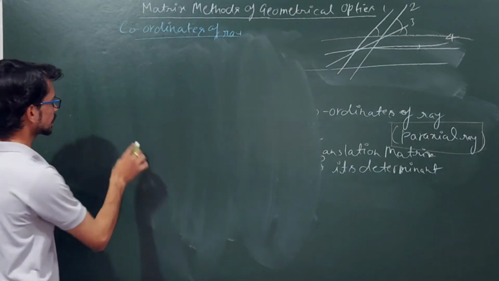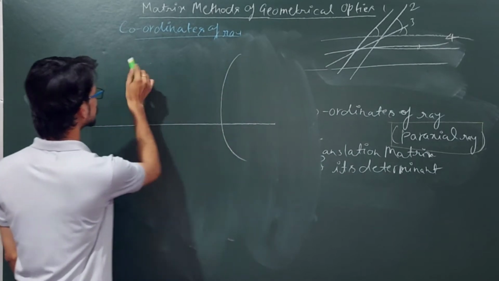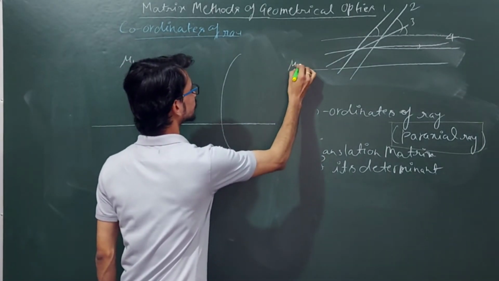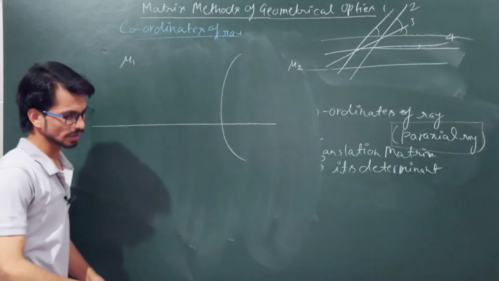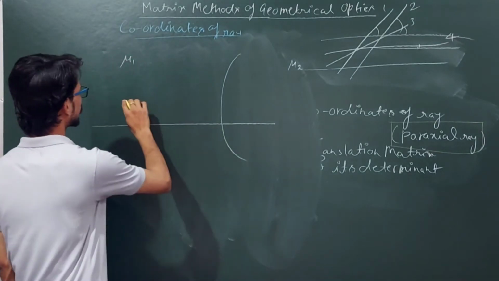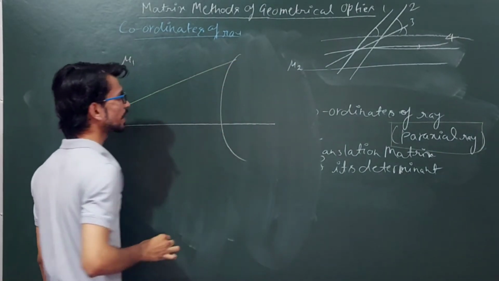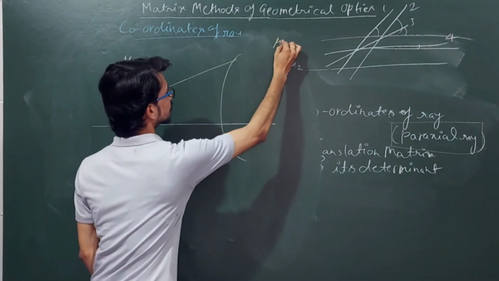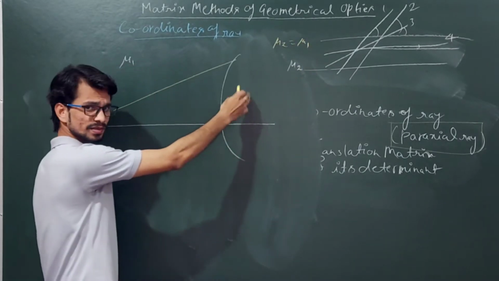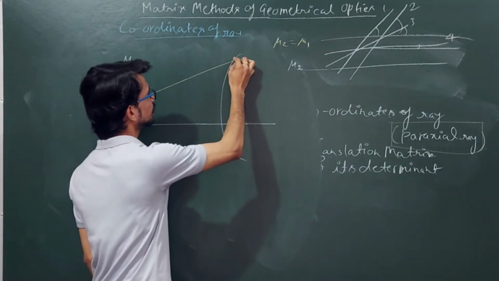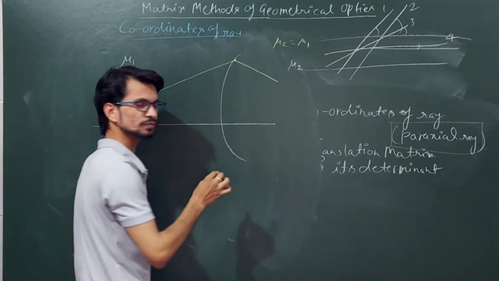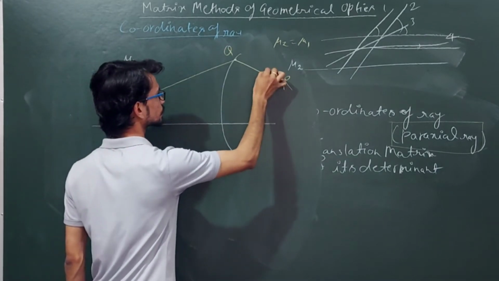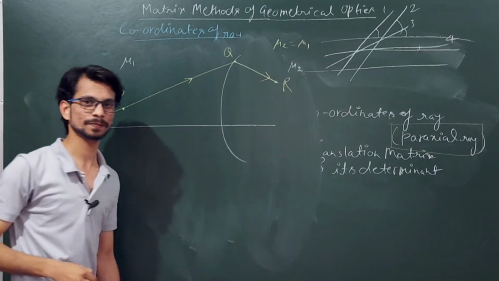Which is changing. So let's say this is the principal axis, and here this is one medium having some refractive index mu1, and this is another medium having refractive index mu2. And let's say this is the ray which is coming from some point and falls on this point, and let's say mu2 is greater than mu1, then this medium is denser than this medium. So this ray will move towards the normal. Let's say this ray is PQ, this point is P, this point is Q, and this point is R. This is the initial path, this is the final path.